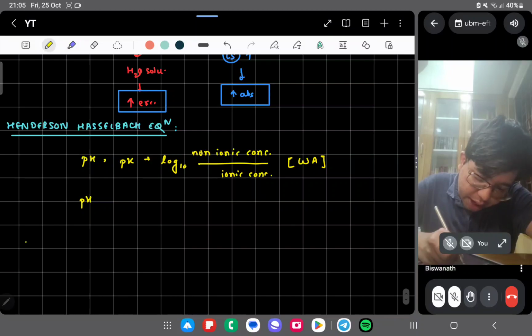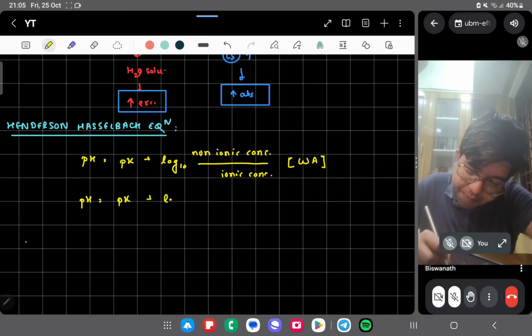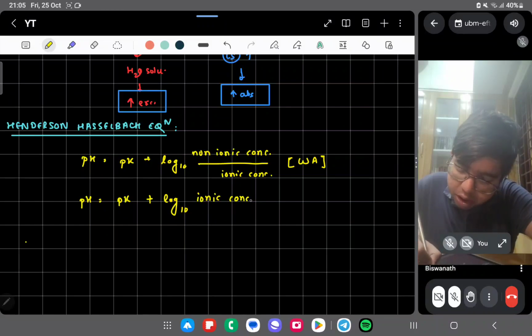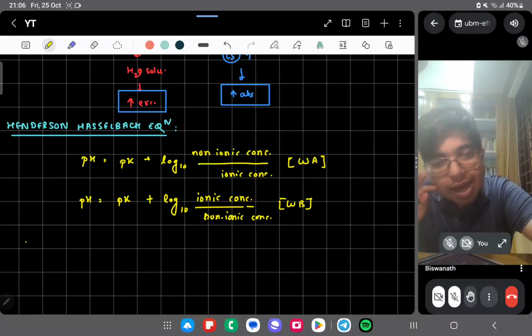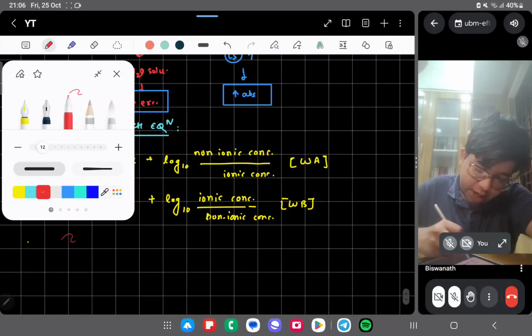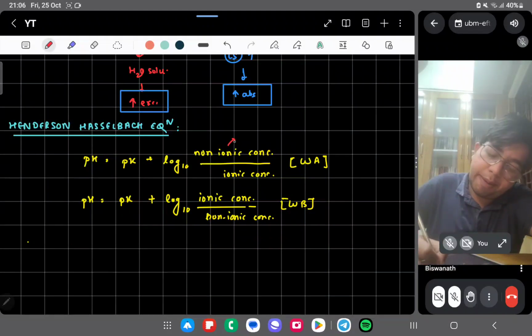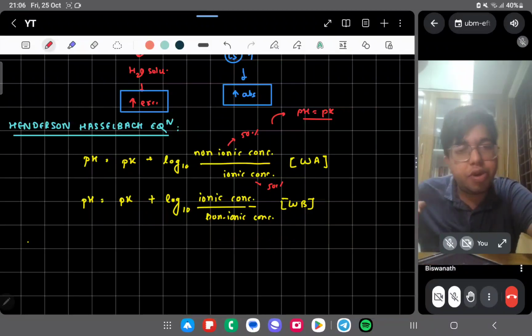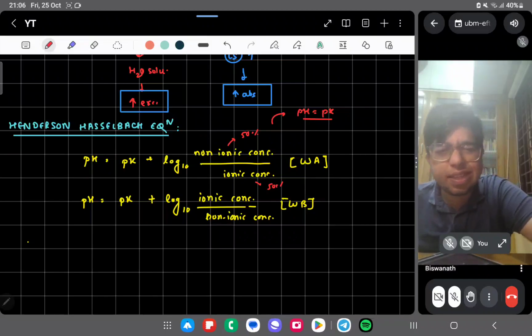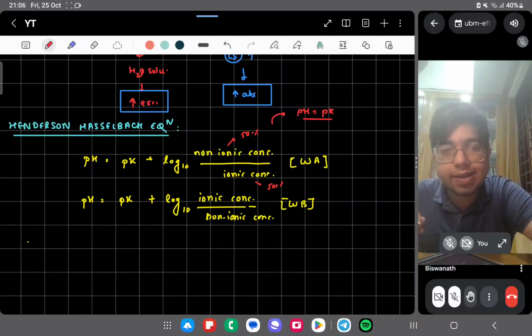Alternatively, pH equals pK plus log base 10 of ionic concentration by non-ionic concentration if it is a weakly basic drug. If the non-ionic and ionic concentrations are 50-50, then the pH will be equal to pK, right? This is the basics of the Henderson-Hasselbalch equation.